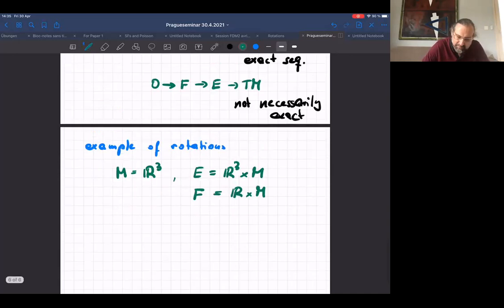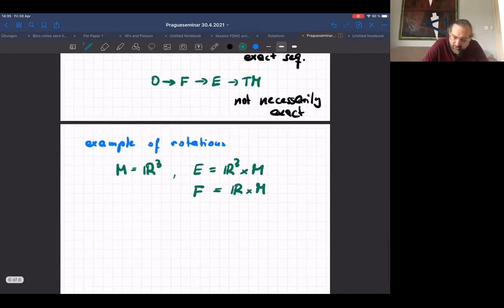Let us call the local basis in E, E_A, and there's one basis vector which I call B in F. So this is the local basis in the sections, and then we have this map. Here's the map rho, here's the map T. This map rho usually is called the anchor map. So rho of E_A are just infinitesimal rotations.